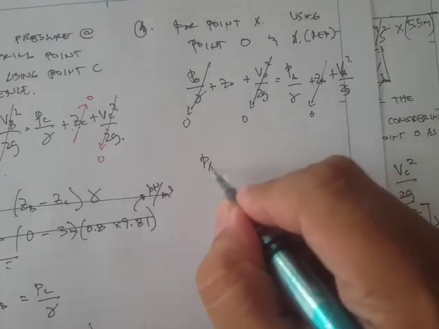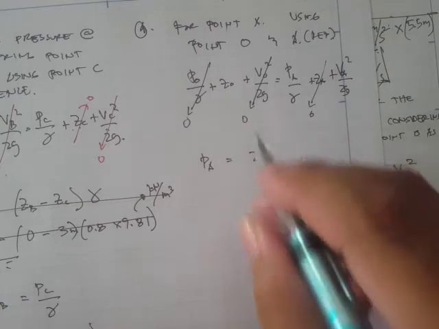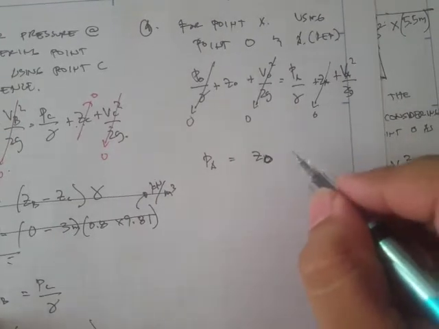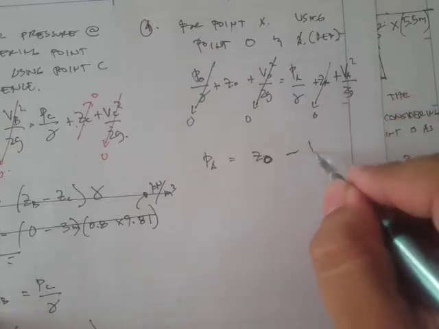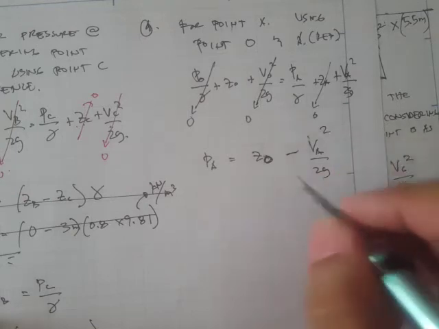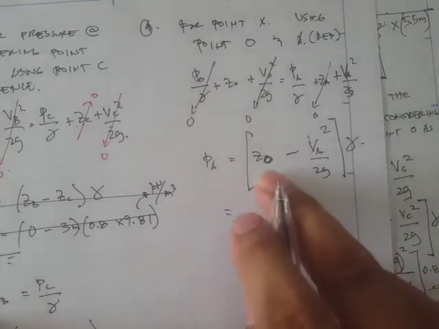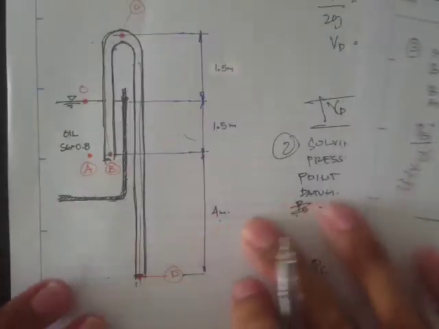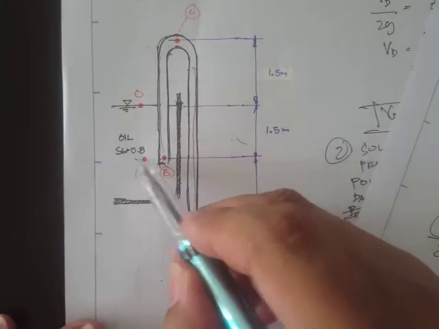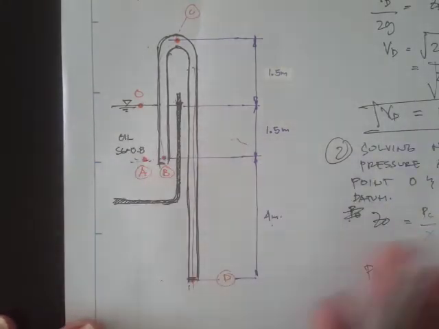Therefore, P sub A is equal to the elevation at O, minus the velocity head term V sub A squared over 2G, times the unit weight. Now what is the elevation at point O? This is our reference line, so this is 1.5.